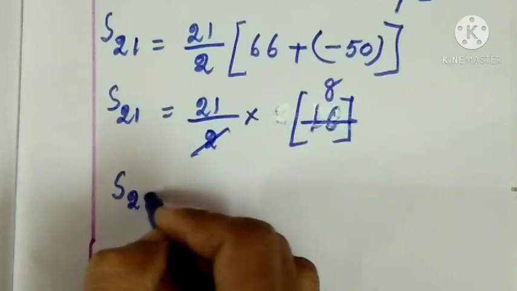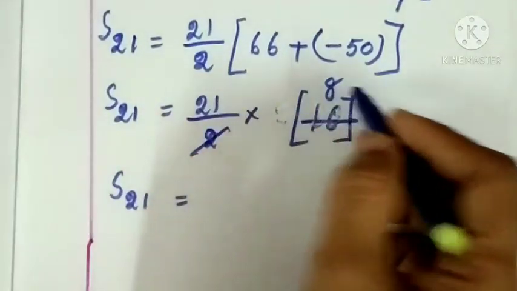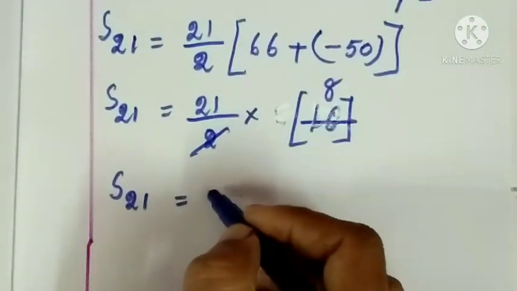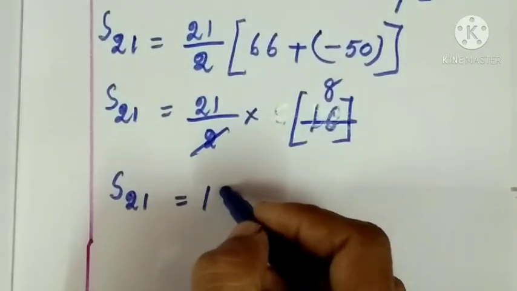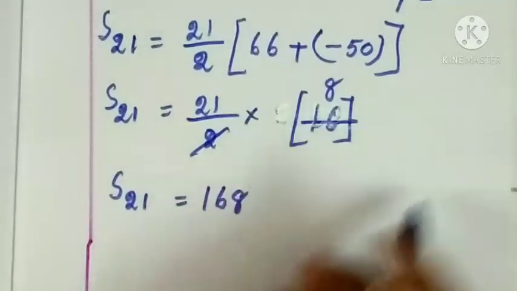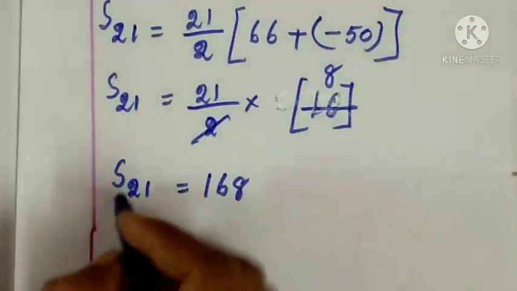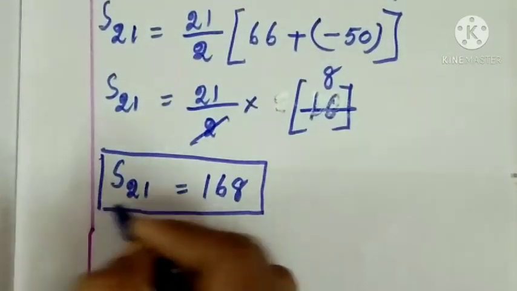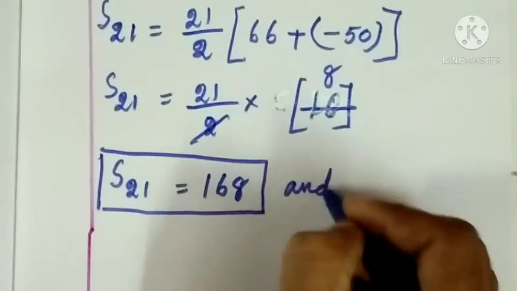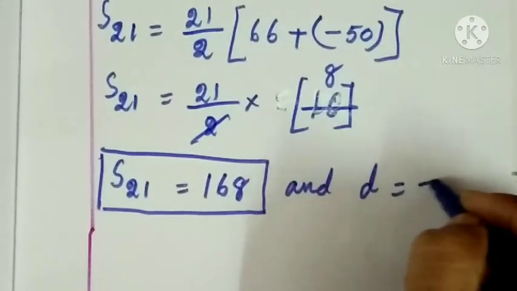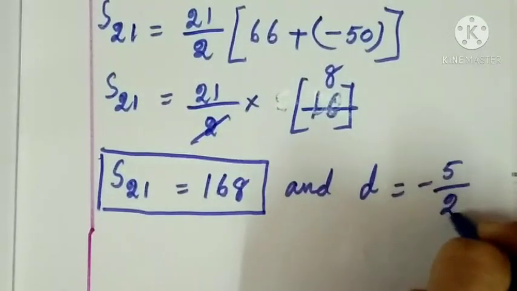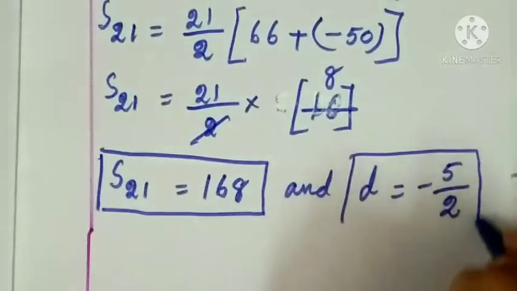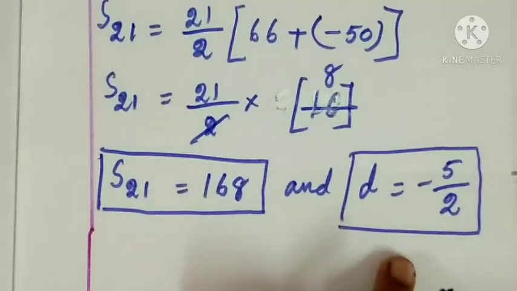Therefore, S21 is equal to 21 into 8, 168. Hence, the value of S21 is 168 and the common difference d is equal to minus 5 by 2. This is the answer for this question.